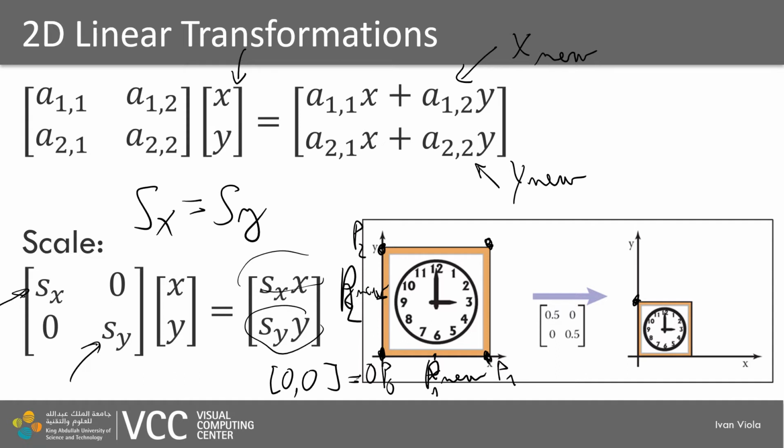Then we have the point P3, which has the coordinates x and y, and P3 new will have the coordinates x half, y half. Pretty simple.